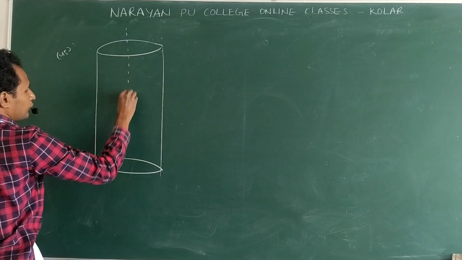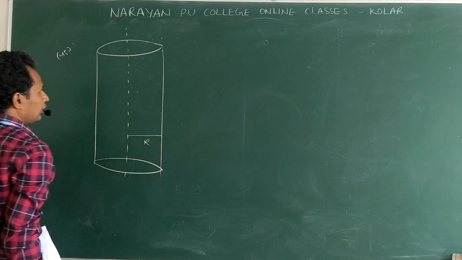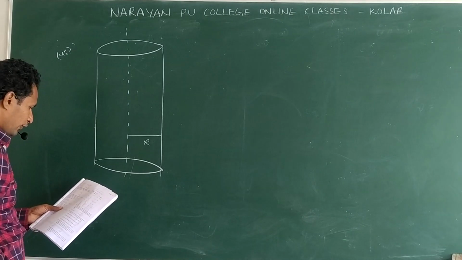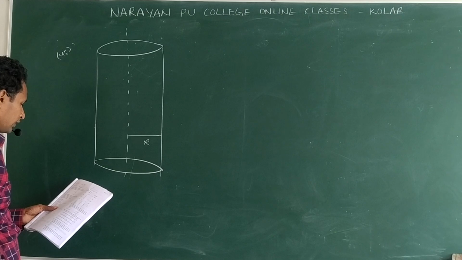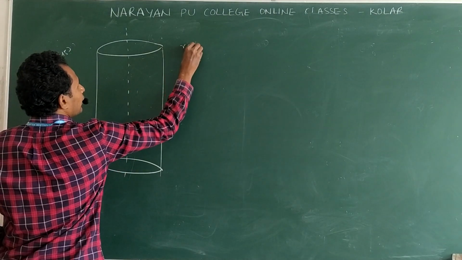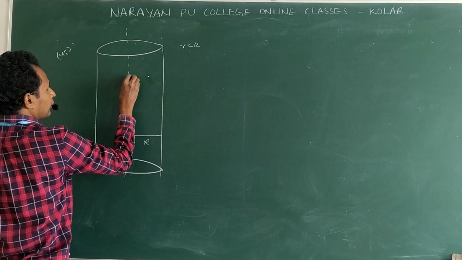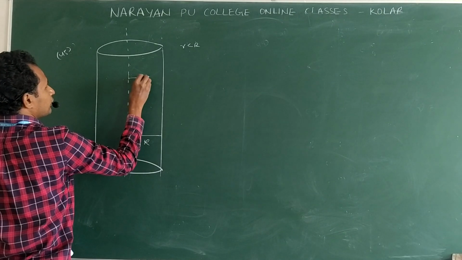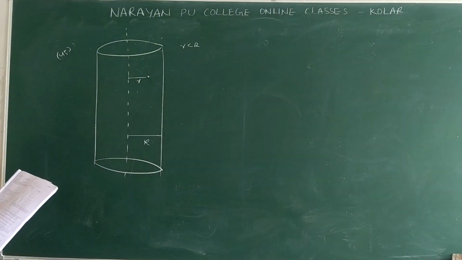This is the axis of the cylinder, and the radius is R. They are asking the electric field at a point at a distance r less than capital R, which means we need to select a point like this. Clear? At this point they are asking the electric field.